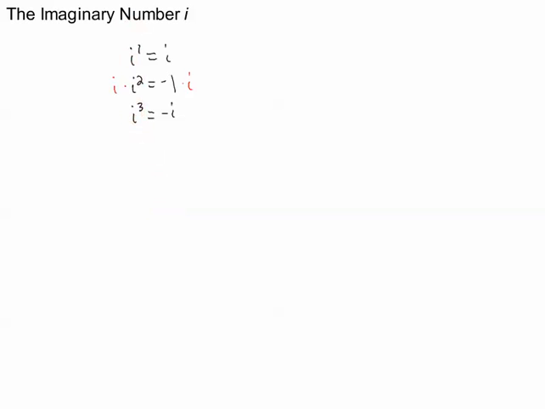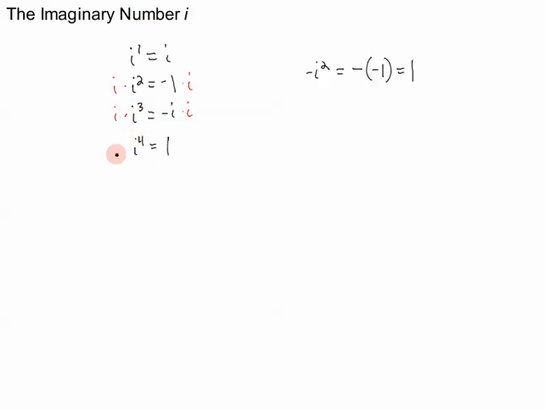Similarly, if I continue this pattern, multiply both sides by i here, then the left side is going to give me i to the fourth, and the right side is going to give me negative i squared. But i squared is negative 1. So if I replace that, i squared with negative 1, I get negative negative 1, which is positive 1. So i to the fourth is positive 1.